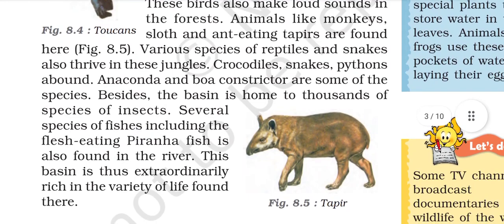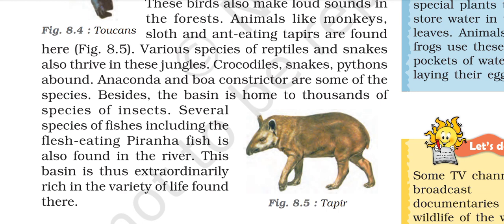The picture of tapirs you can see in figure 8.5. Various species of reptiles, the animals that have small legs, and snakes also thrive, means they are also found in large numbers in these jungles.